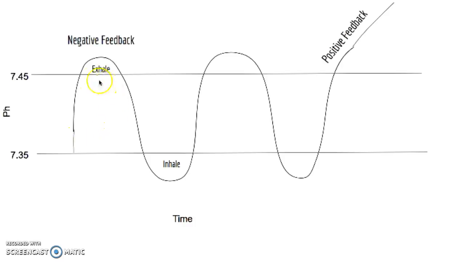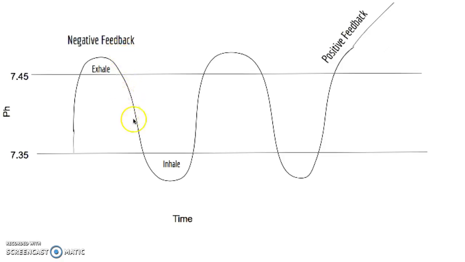So this is the normal range for pH, from 7.35 to 7.45. When the pH goes above 7.5, a stimulus will be detected. This will lead to exhalation, so releasing CO2. This is negative feedback.